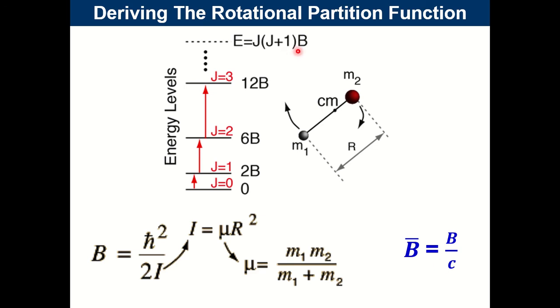The B over here is expressed in cm inverse, and to do that we simply divide it by c, the speed of light. This B bar is the term we keep talking about, because in rotational spectroscopy and vibrational spectroscopy the axis is expressed in terms of cm inverse. So to get it into spectroscopic terminology, we express it this way and put a bar over it.